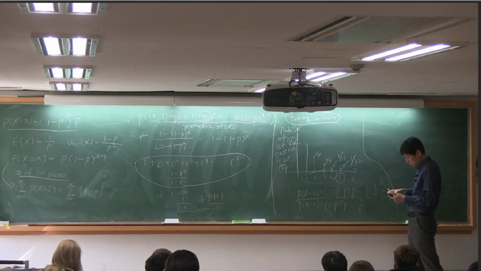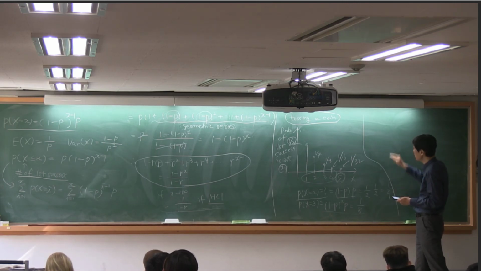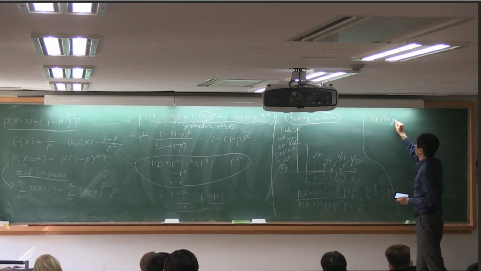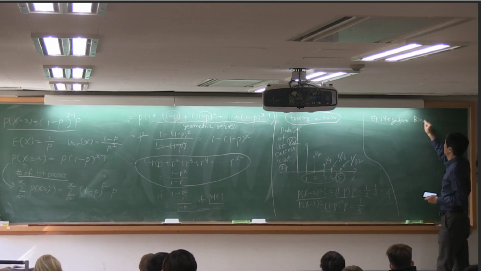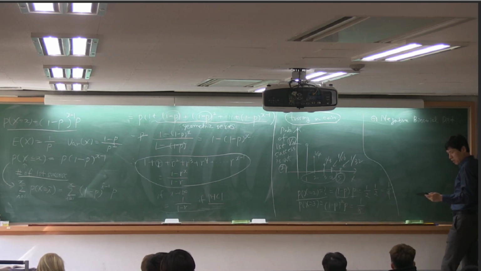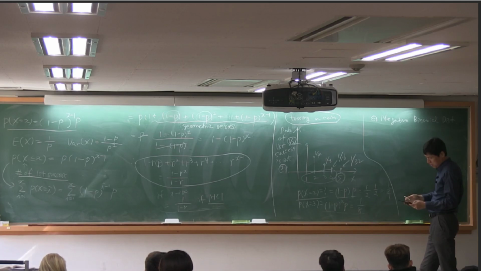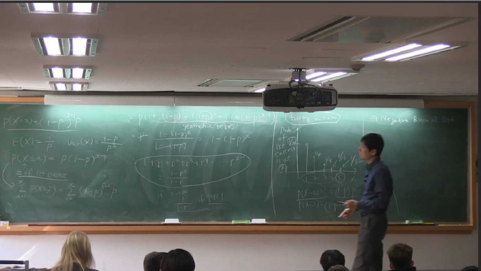Okay, next. The distribution is called the negative binomial distribution. Let's see the definition of the negative binomial distribution. This is a more general version, a more general distribution than the geometric distribution.